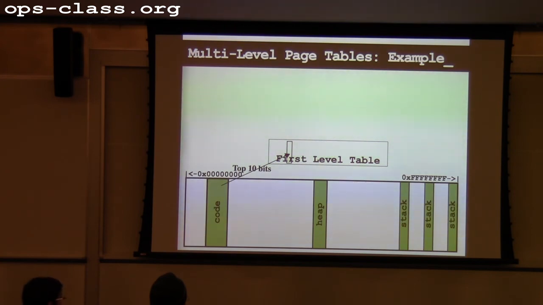So with 5 tables, plus the first level table, I have 6 page tables times 4K. It's 24K total to map the entire address space for the process. For my flat page table, I needed 4 megabytes of page tables to map the process. So again, 24K, which is like 3 orders of magnitude better in terms of the size of these structures, but I still get constant time lookups. Jeremy, your question?